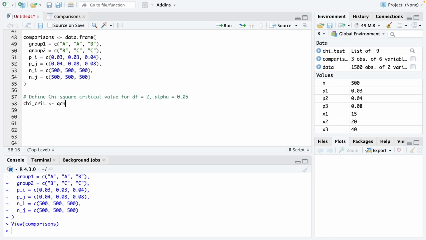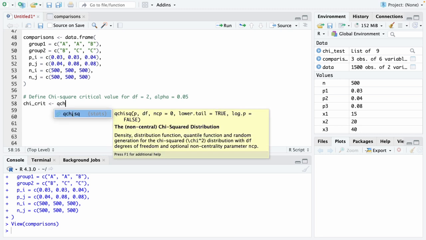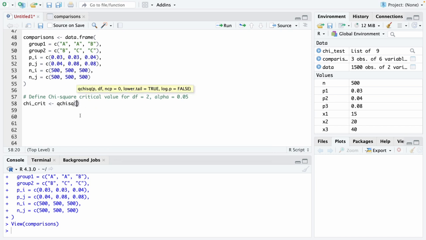So we use this function, right, which basically gives us the critical chi-square value. It's very similar to looking at it from your chi-square table, right? But this function just makes it so easy for us.